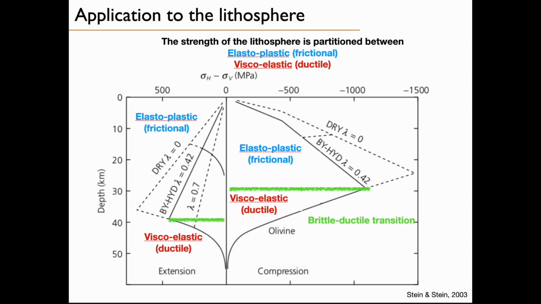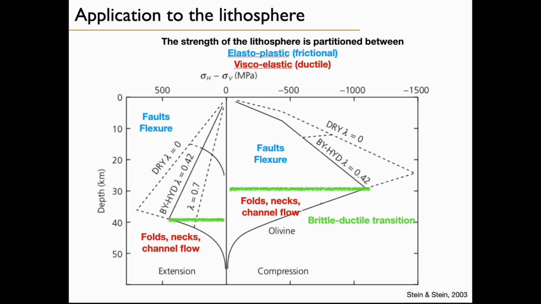And that can be shown with this very simplified diagram, in which you have on one side extension, compression, and you see a brittle ductile transition that marks the transition between dominantly ductile to dominantly frictional regimes. And you see that the position of this transition is different in compression and in extension. And that is because the slope of the frictional criteria is different in compression and in extension.